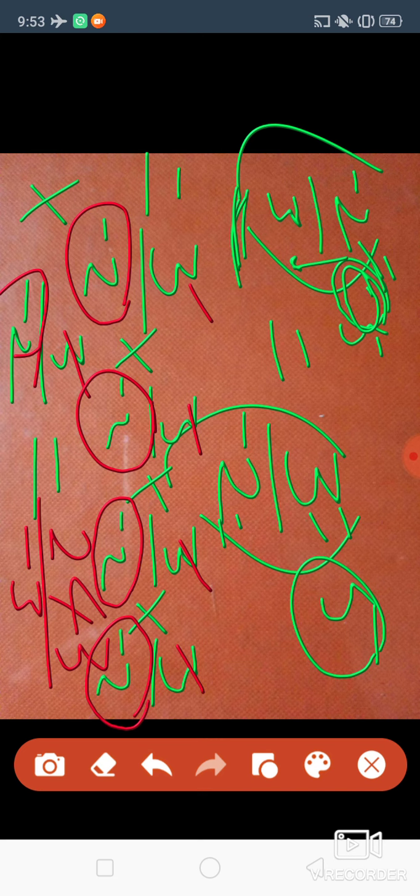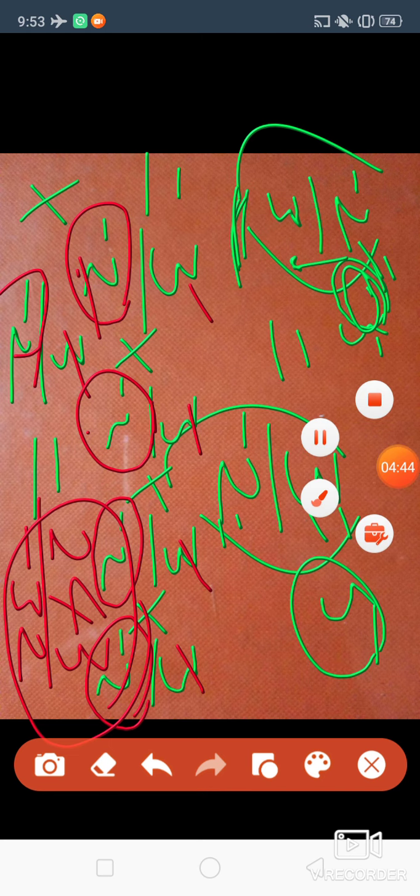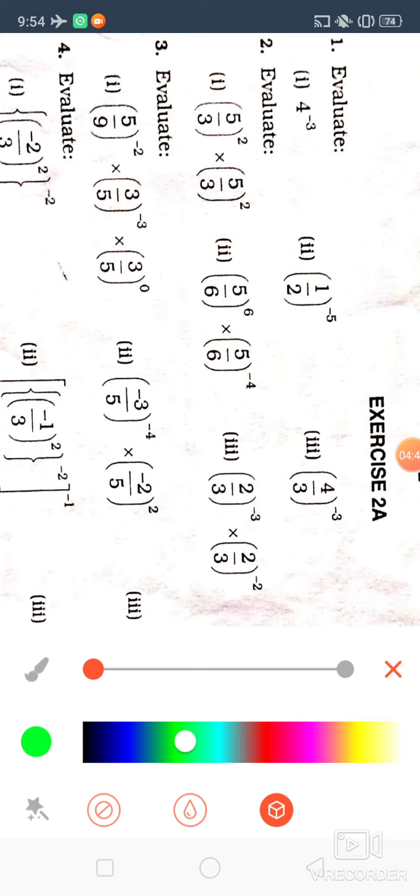Minus 32. This part already you have learned how to multiply minus and plus in class 6 as well as in class 7. So this is your answer finally, 243 by minus 32. I hope this is clear to you. Now next we should move to the next question.